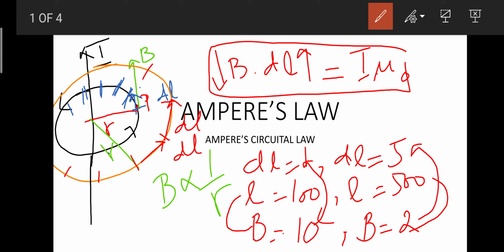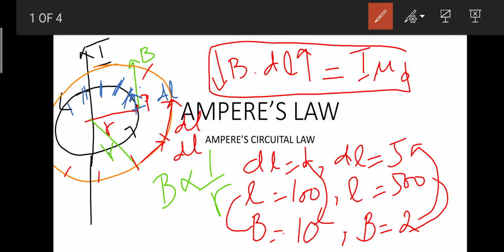For the statement of Ampere's law, we state it like this: the integrated magnetic field in a particular loop, the product between both of them, is basically equal to the current passing through that particular loop times mu naught, and mu naught is the permeability of free space. So that's how we can state Ampere's law.